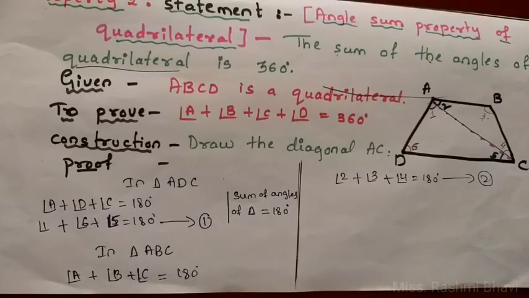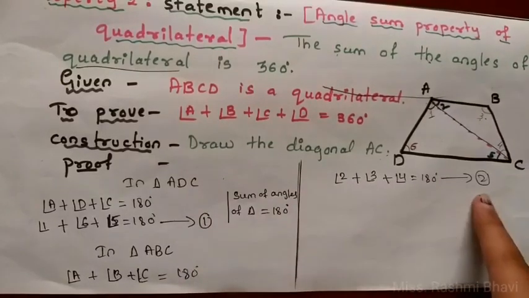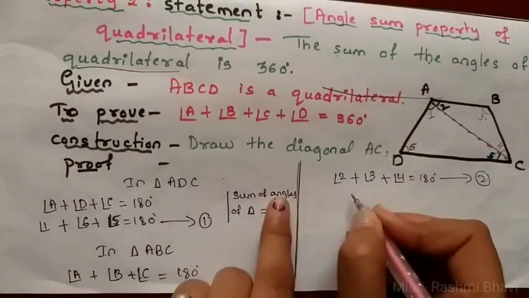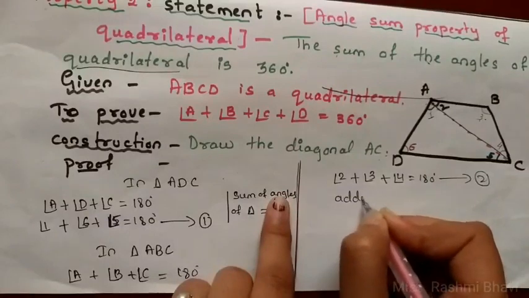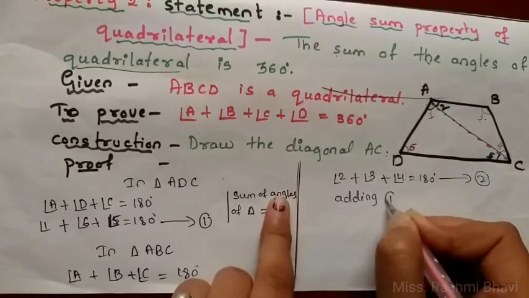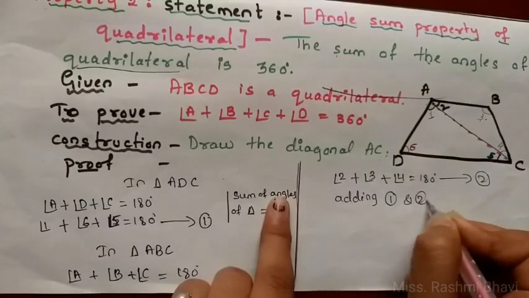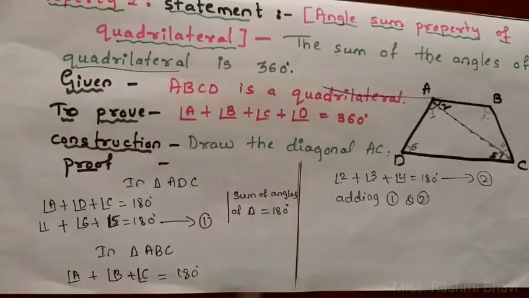The next step I am going to add equation 1 and equation 2. When we add equations, always we have to separate the LHS and RHS parts.